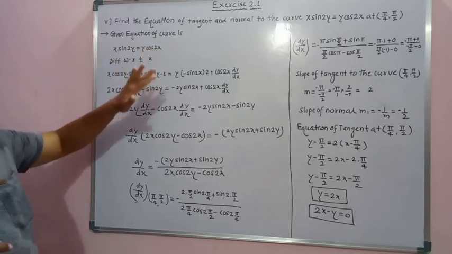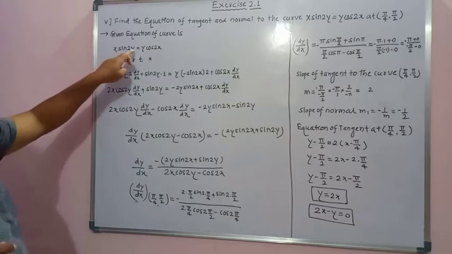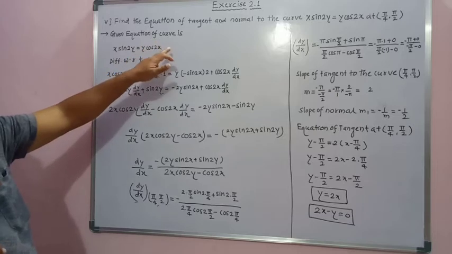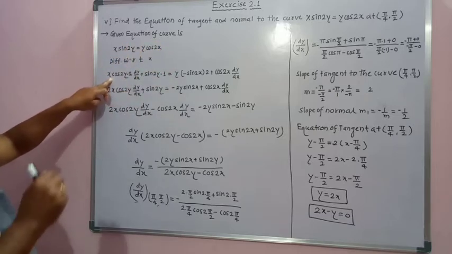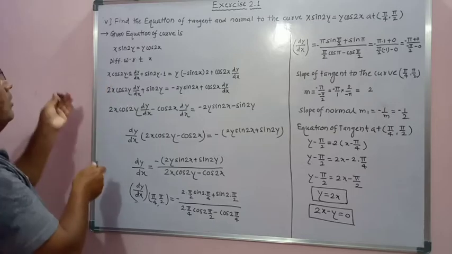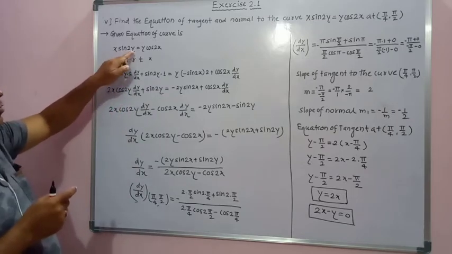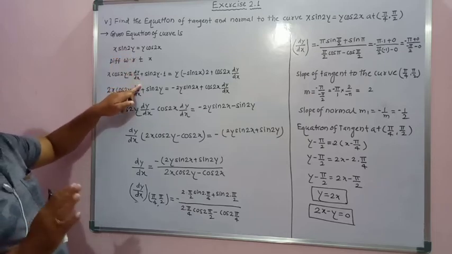Differentiate both sides with respect to x. Therefore, x into sin 2y is in u into v form, and y into cos 2x is also in u into v form. First function x as it is, into the derivative of sin 2y, which is cos 2y. Again the derivative of 2y is 2, and the derivative of y is dy by dx.